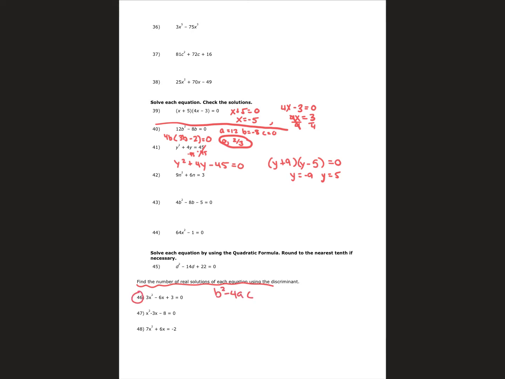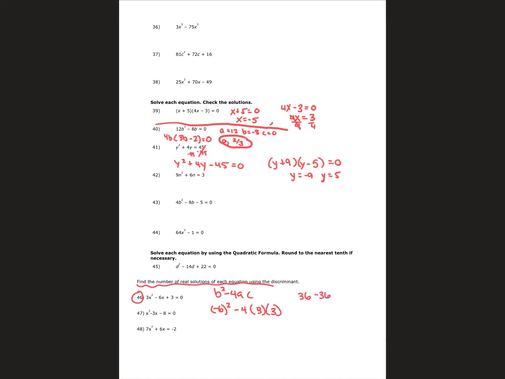So if we do number 46, a is 3, b is negative 6, c is 3. So let's plug that in. B squared, negative 6 squared. Remember the parentheses, minus 4 times a is 3 times c is 3. So I get 36. You could just do that in your calculator or the way I'm doing it.